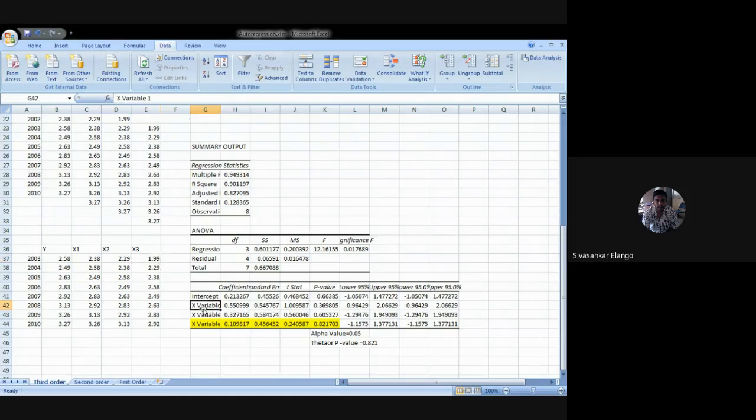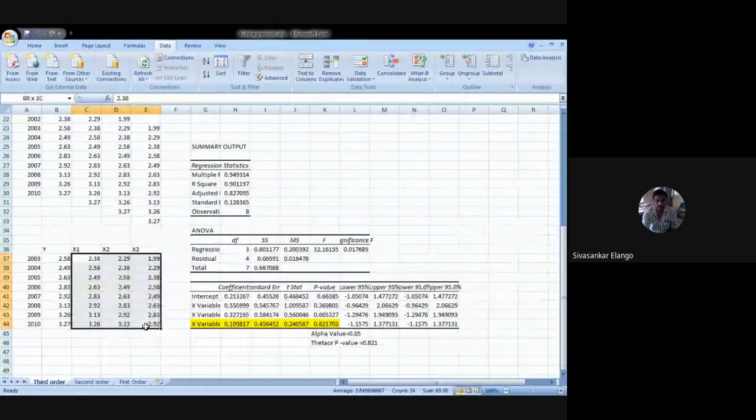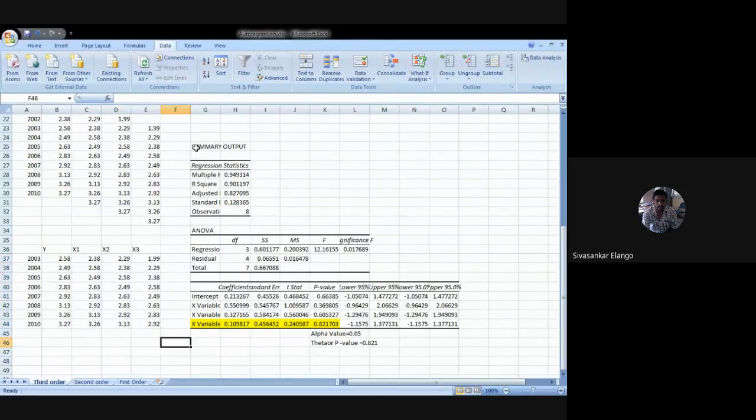This is the x1 value, this is the x2 value, and this is the x3 value. I'm going to use the regression tool in data analysis. I'm going to choose this as the y output variable, and the input variables are going to be x1, x2 and x3, and I'm going to display the result in a particular cell.